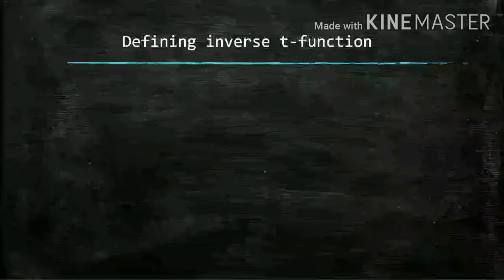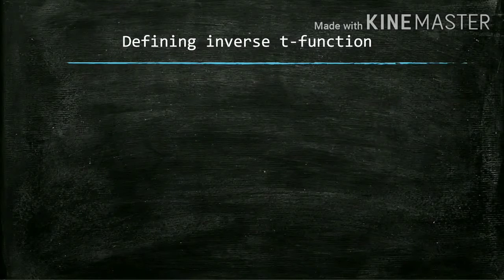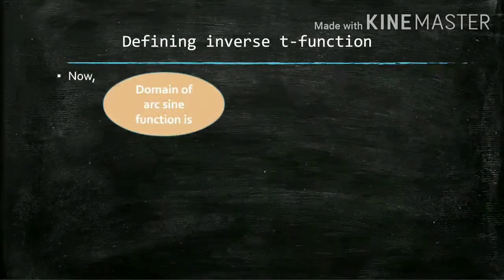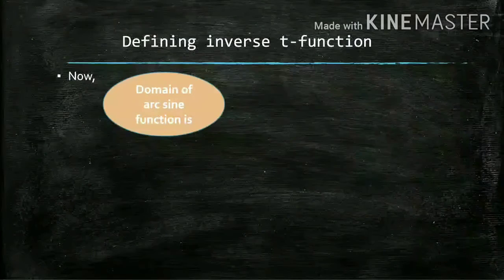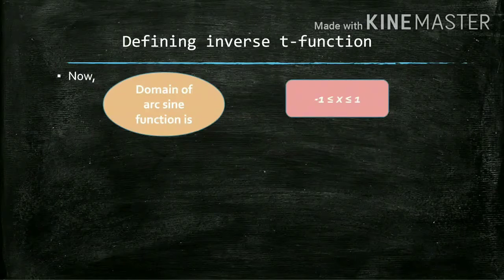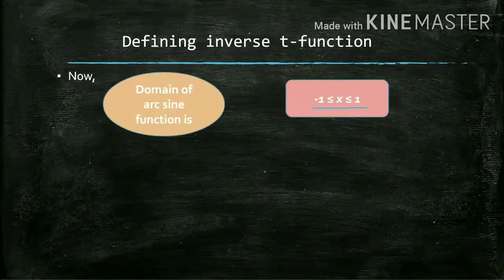So let us now define the inverse trigonometric function and what we will restrict. So firstly, what is the domain of arc sine function or the sine inverse function? You know that it is x from -1 to 1. That is a closed interval -1 comma 1.